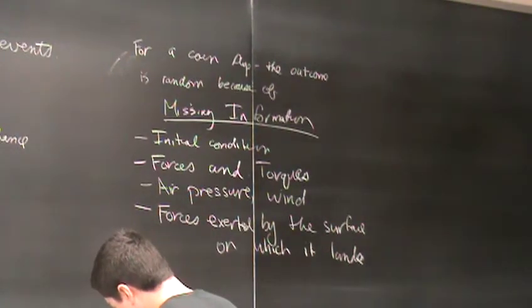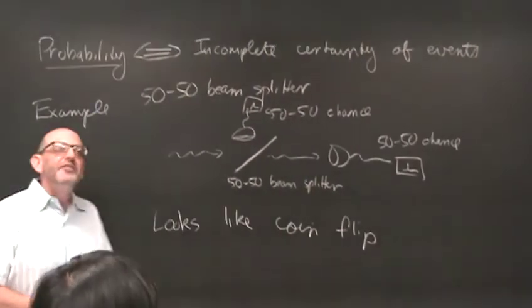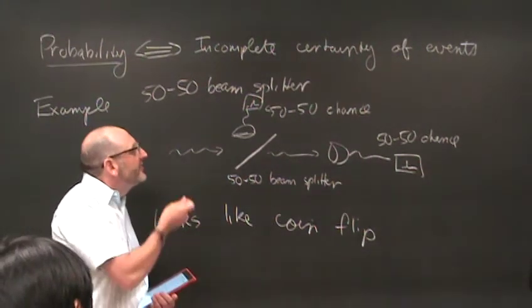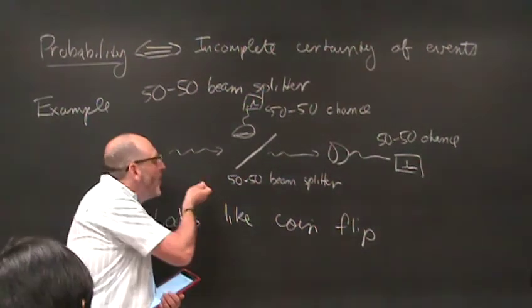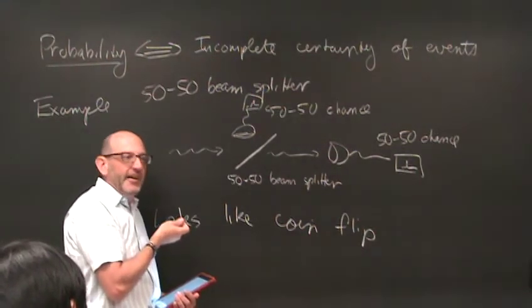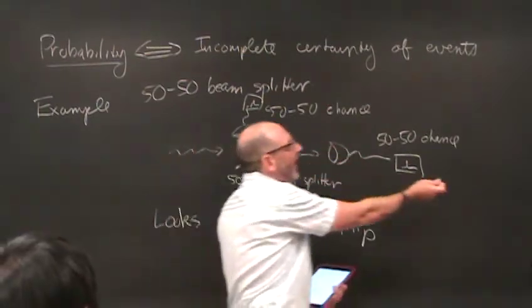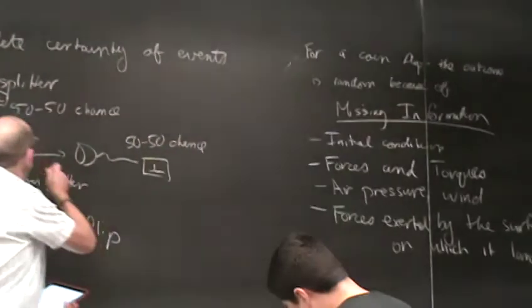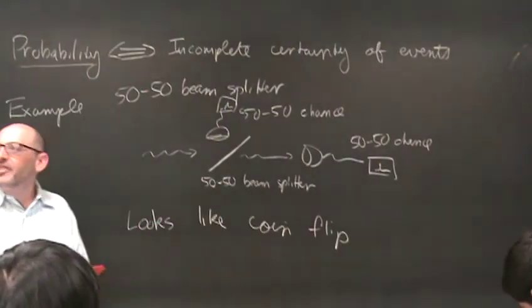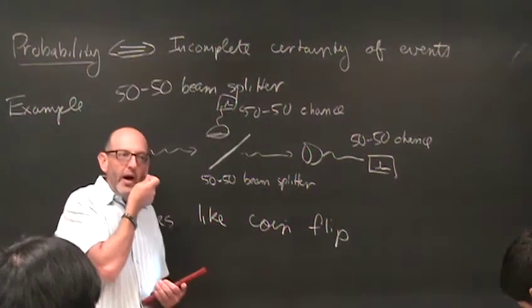That's not true about this. There's something fundamentally different here. In some sense, there's no information archive that, if we could just peer in, would tell us which thing is going to happen. And of course, this is the kind of thing that gets at the heart of the questions of the nature of the quantum world.